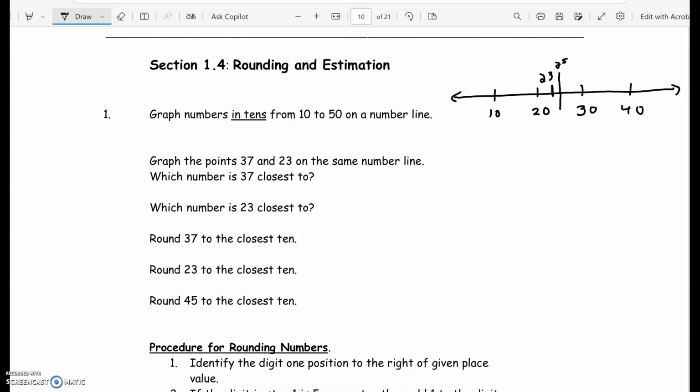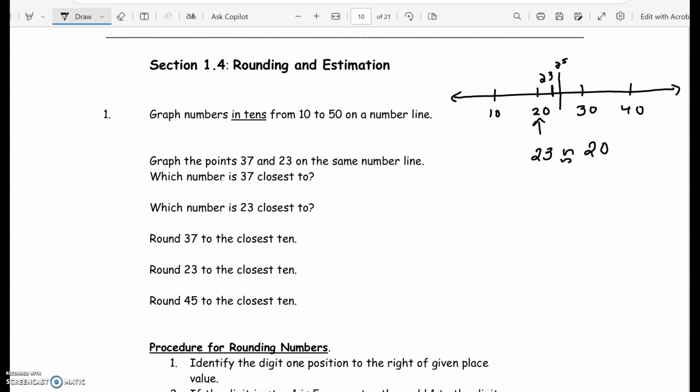It is closer to 20 than it is to 30. So if we are counting in tens, and we want to round 23 to the tens place, then the nearest 10 is a 20. So 23 is rounded to 20.